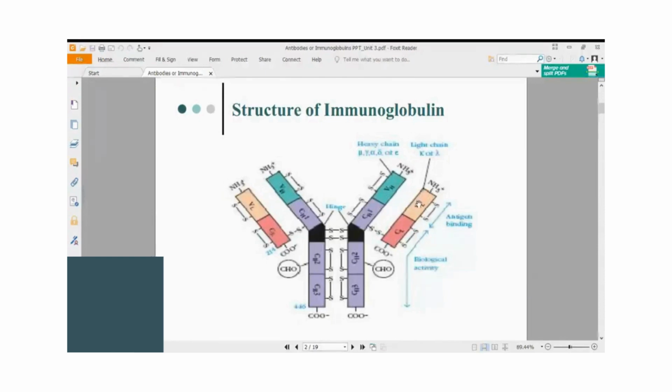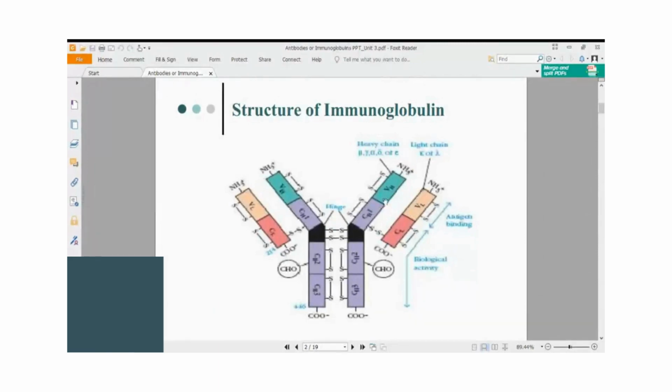Complementarity determining regions determine the antibody binding capacity with the antigen. In the variable region, some regions remain unchanged amongst the different IgG molecules produced by different B lymphocytes. That is called the framework region.